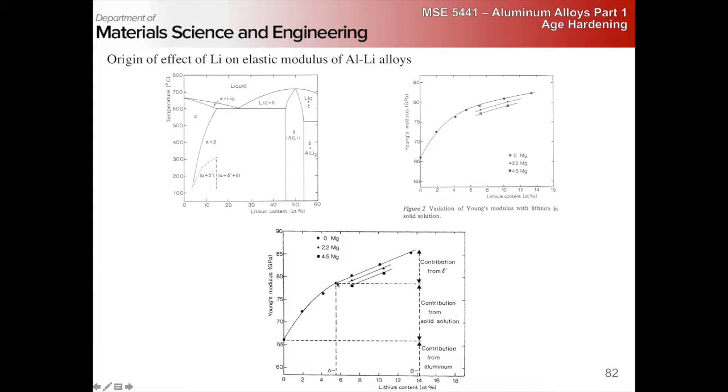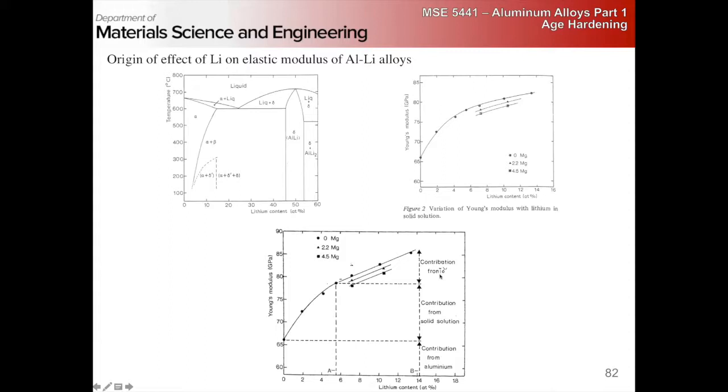So what does that tell you if you're increasing your stiffness in the solid solution regime? That aluminum lithium forms a stronger bond than aluminum and aluminum, right? So we're changing the stiffness from that, and then this is essentially particle reinforcement from this delta prime.